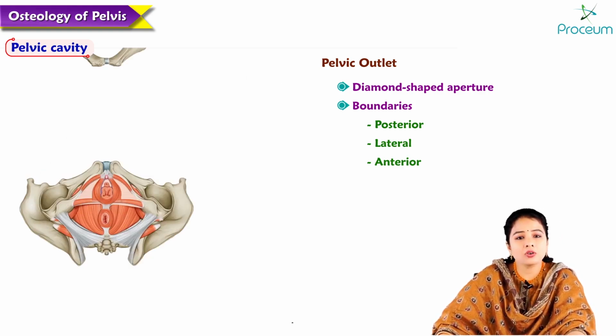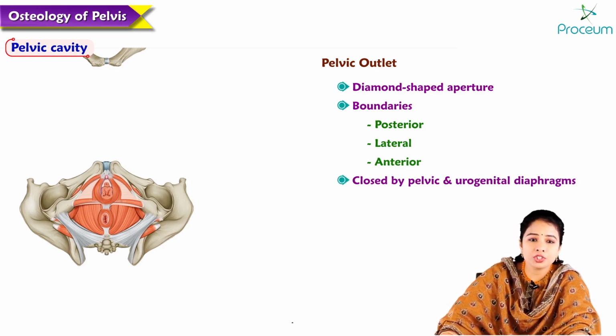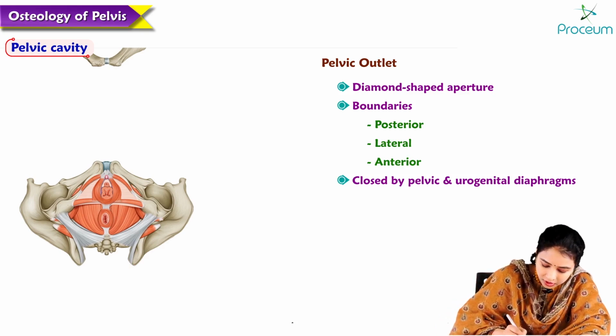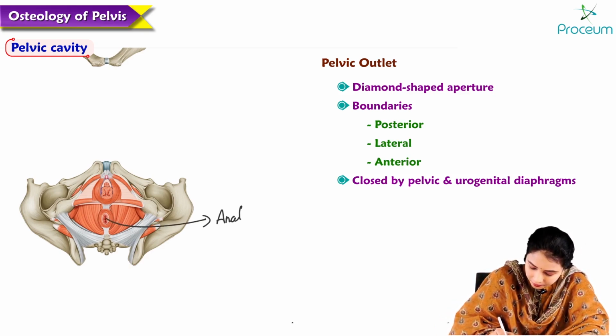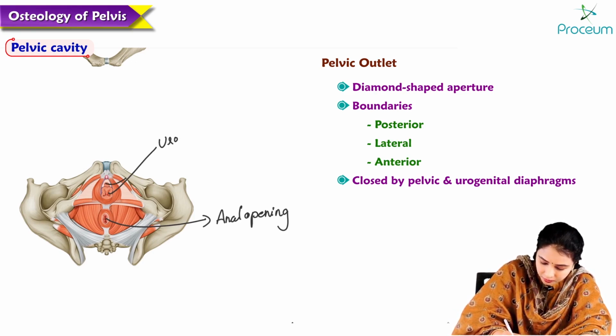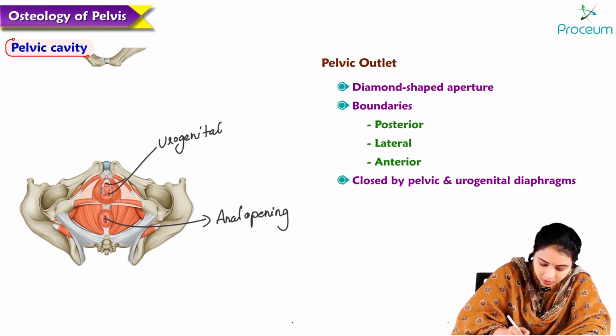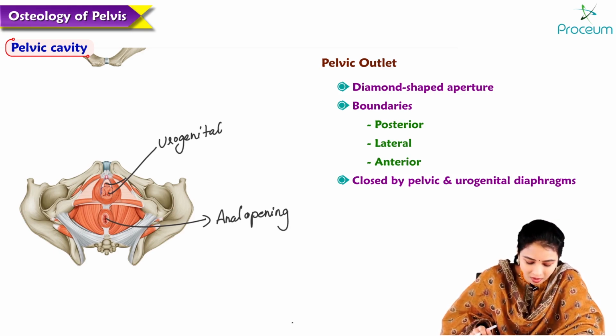And this pelvic outlet is closed by the pelvic diaphragm and urogenital diaphragm. So posteriorly, here is the anal opening, and here are the openings of urogenital structures. That is the opening of vagina and urethra in female, because this is the female pelvic outlet.